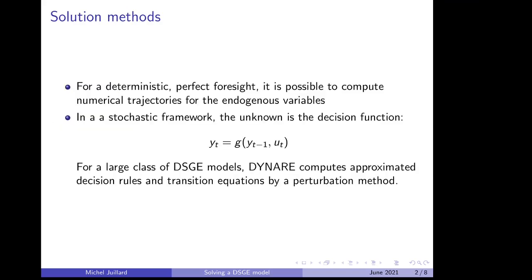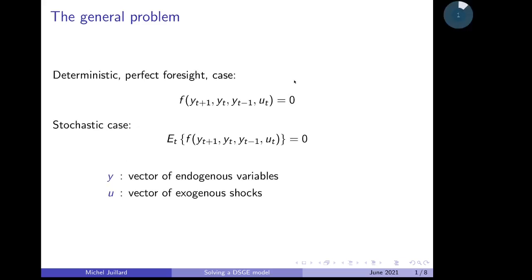For a deterministic perfect foresight model, it is possible to compute numerical trajectories for the endogenous variables. We just posit the equation like that and solve at once for all the periods.